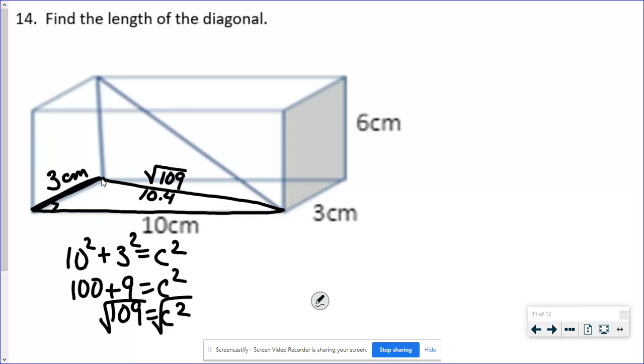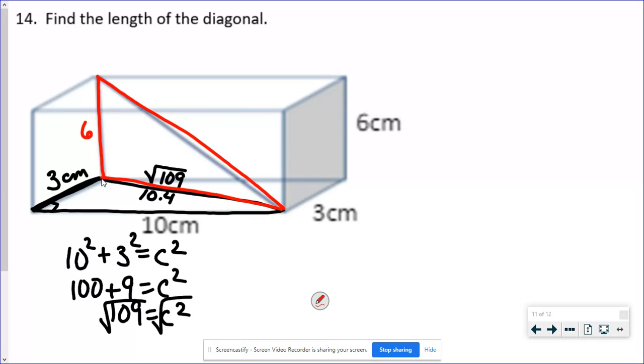And on my answer key, I did this with both of those answers and we get the same answer either way. Now that we have that, I need to use that length that I just found with the height of the rectangular prism, which is 6, to find the diagonal all the way through. So that's like the back left corner to the front right corner.